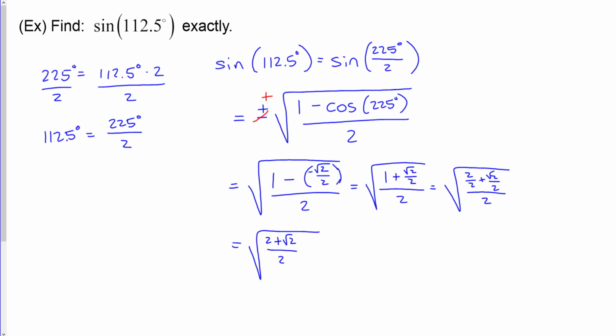And instead of dividing by 2, I'm going to think of this as dividing by 2 over 1, so I'm going to multiply by 1/2. So this is going to be the square root of 2 plus the square root of 2 over 4. And because you can do the square root of the numerator and denominator separately, I'm going to simplify the denominator and leave this as the square root of 2 plus the square root of 2, divided by 2. And that's the simplest form of the answer there.